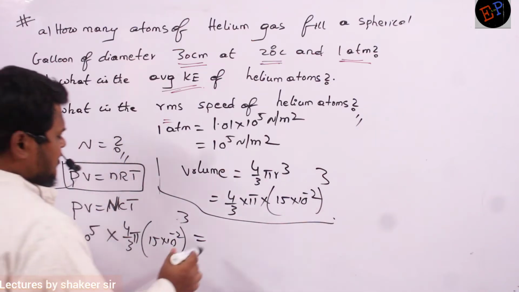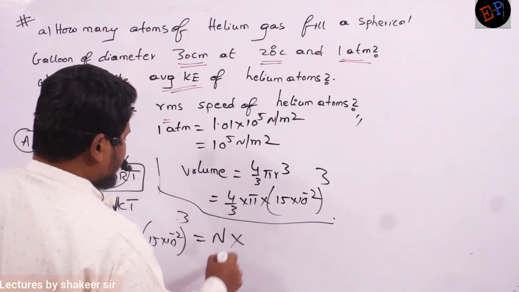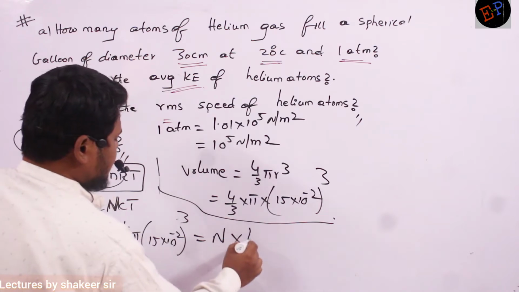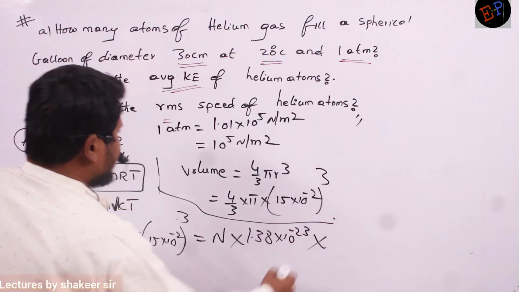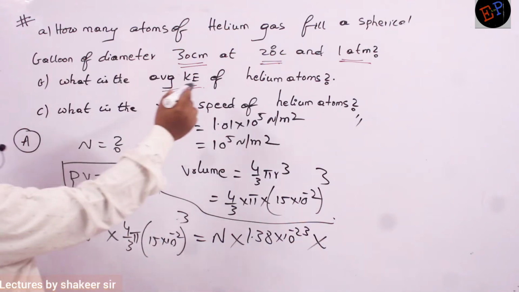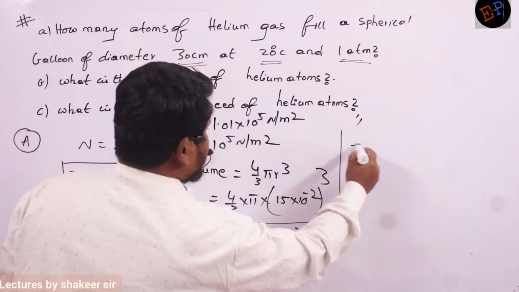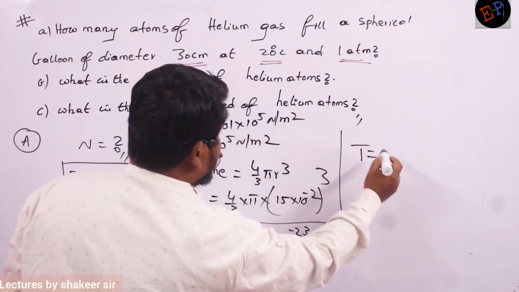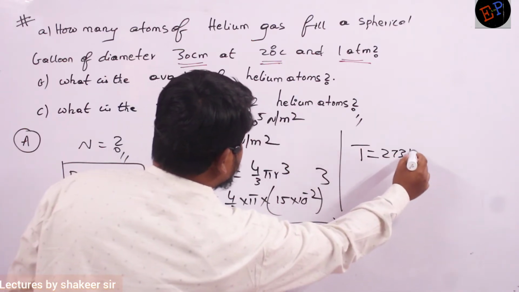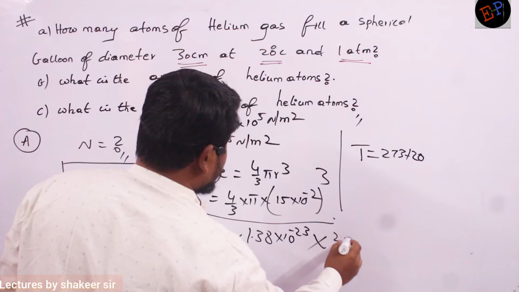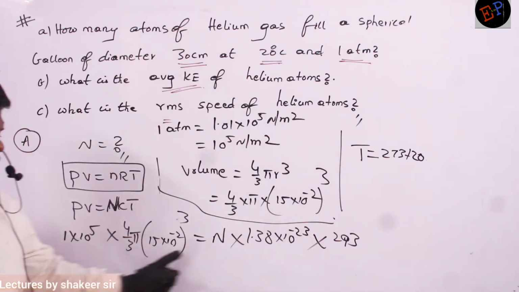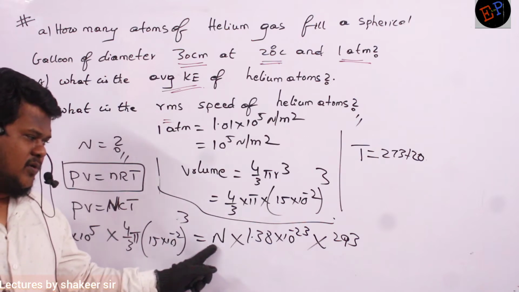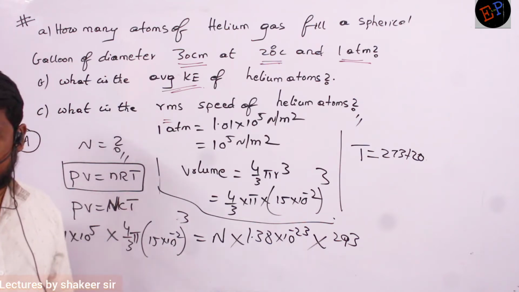How many gas atoms are there? I don't know. The k value is how much? 1.38 into 10 power minus 23. And temperature is how much? 20 degrees Celsius, so 273 plus 20 is how much? 293 Kelvin. If you do this total calculation, here N is the only unknown quantity, so just calculate that one.